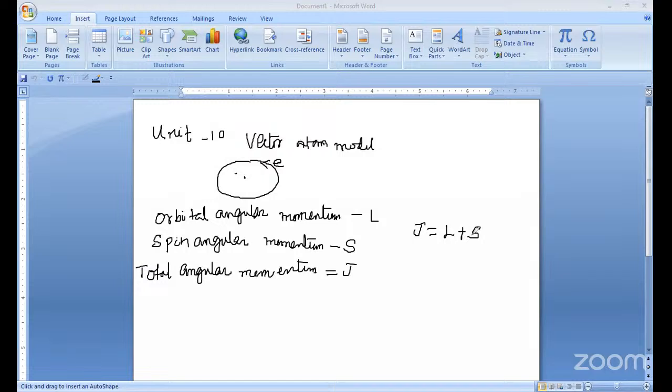First, to describe the motion of this electron, we need to know some quantum numbers. If we know the quantum numbers, then only can we describe it.